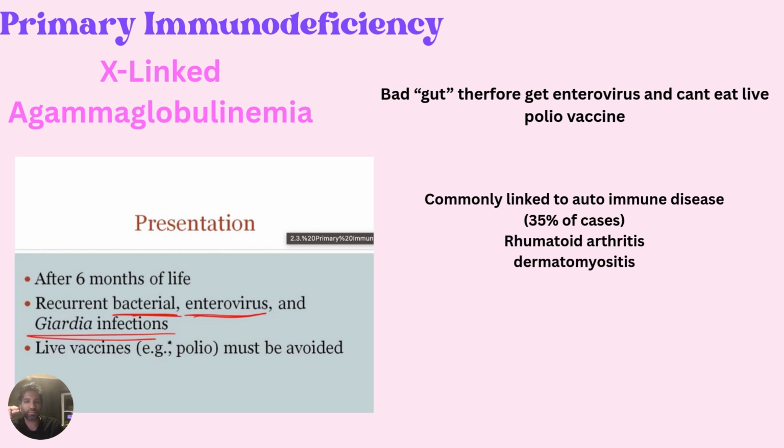Since their gut is messed up, you don't give them a polio vaccine, right? Their IgA is messed up. They might accidentally get polio. And this presents after 6 months of life because, as we talked about, in the first 6 months of life you get your immunoglobulins from your mother.